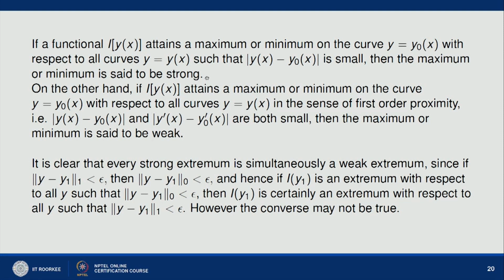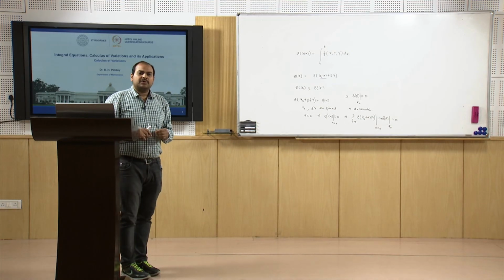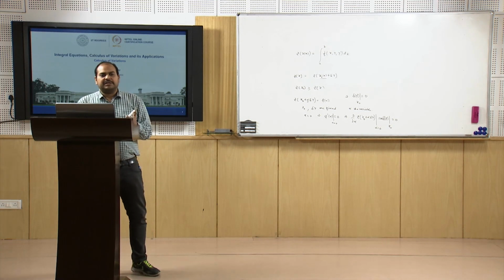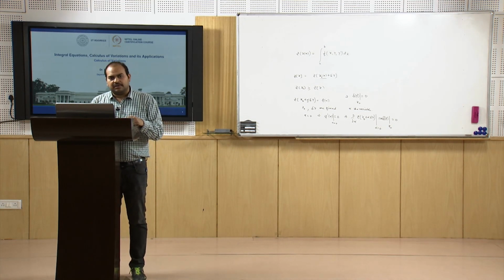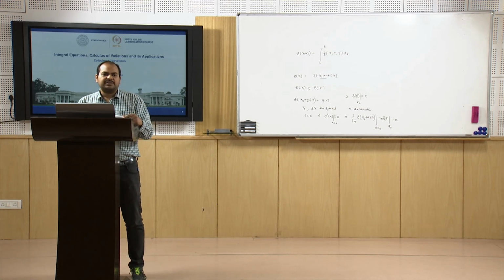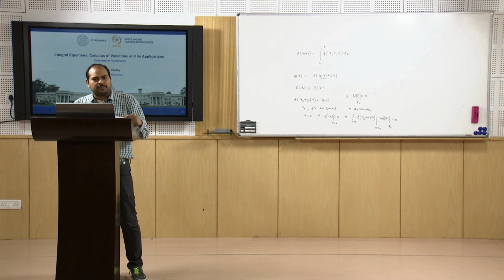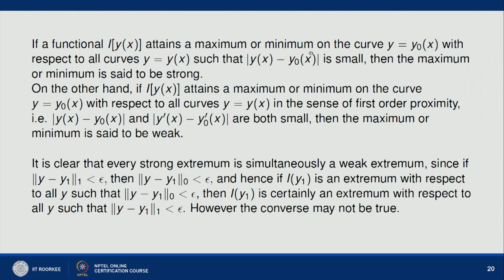Because we have seen that whenever we define the neighborhood of a given curve, we can define the neighborhood or close curves, or any curve which is near to y of x in the sense of mth order proximity. So, if we define the closeness in the sense of 0 order proximity, and in that case your functional achieves a maximum or minima, then that maximum or minima is said to be strong.